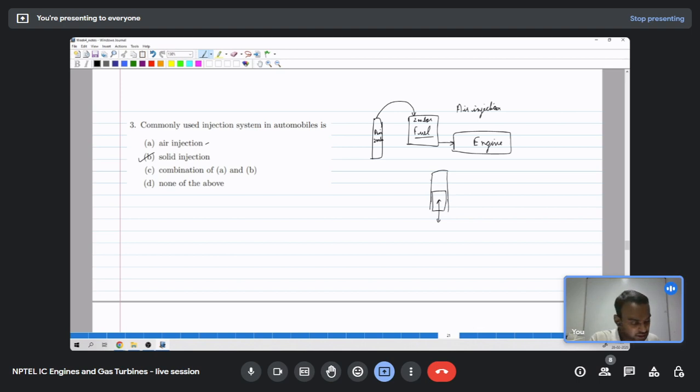In case of solid injection system, we have a fuel pump where there will be the plunger which moves up and down and pressurizes the fuel in the fuel chamber. Here we are pressurizing the fuel by means of a solid, so that is why it is called solid injection. And this is very small when compared to the air injection system, and that is why it is used widely in automobiles.